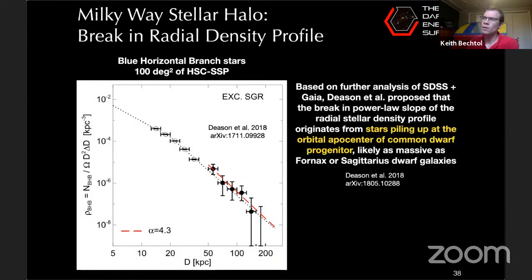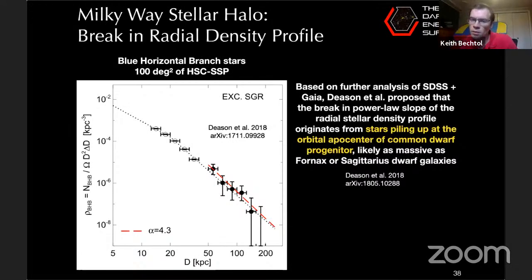Hopefully some of the previous studies have motivated this idea, which has been known for some time, that there seems to be a break in the density profile of the Milky Way halo. So what does this mean? What can we learn about this?